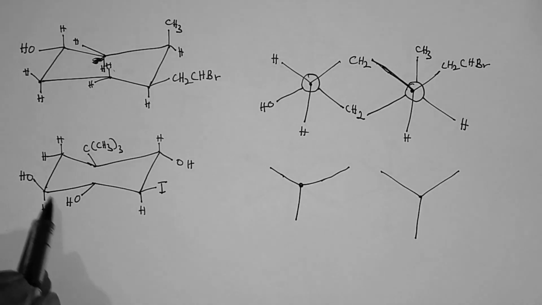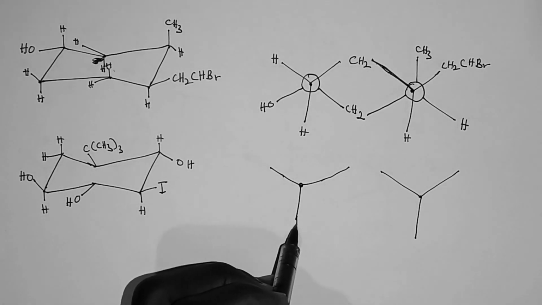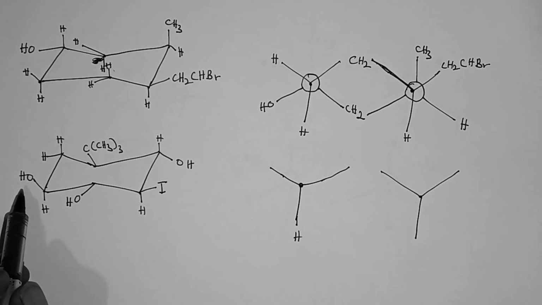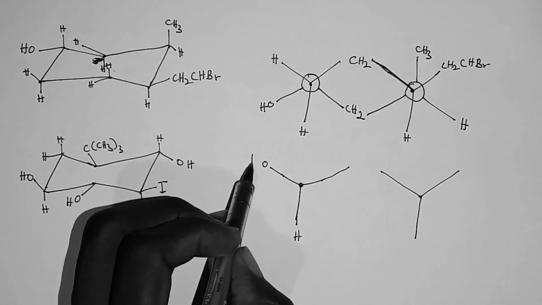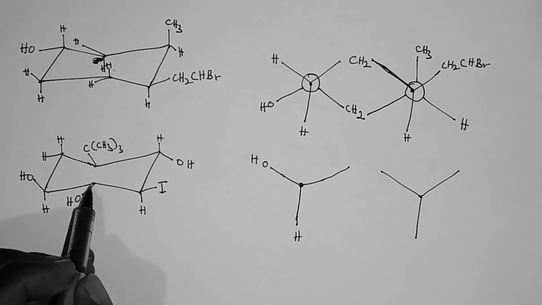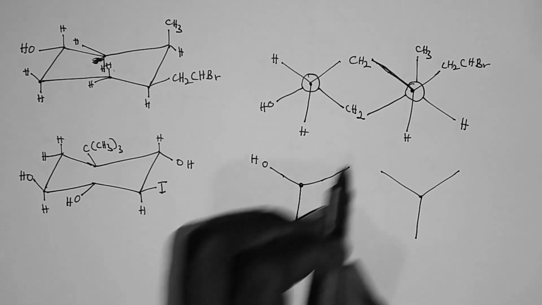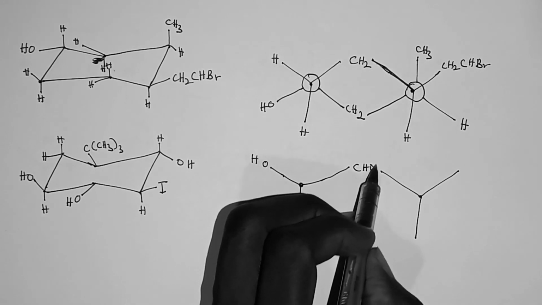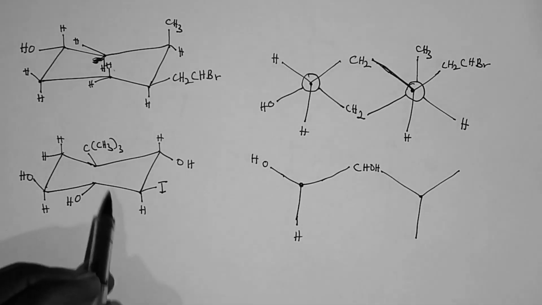The bottom part here is a proton. And then to the left hand side, there's an OH. And then the right hand side is a CHOH, so this is a CH and then OH over here.